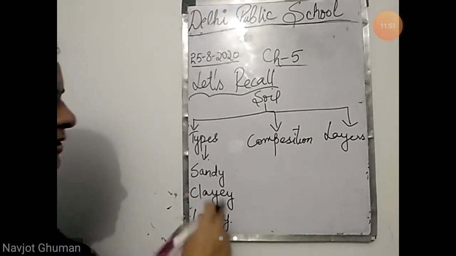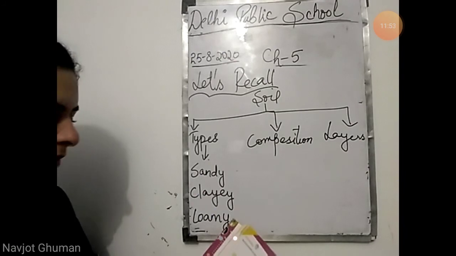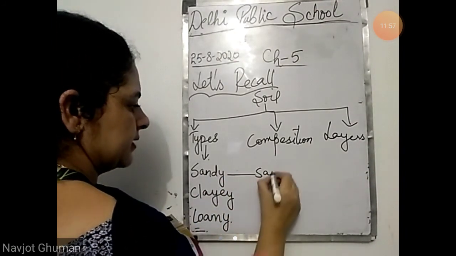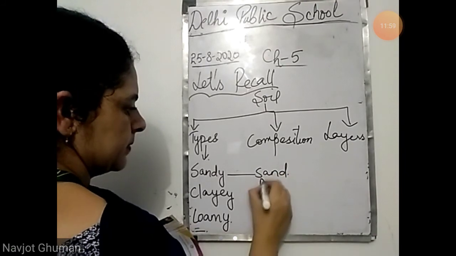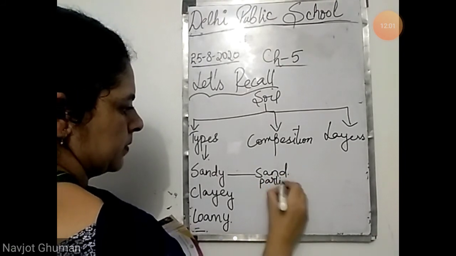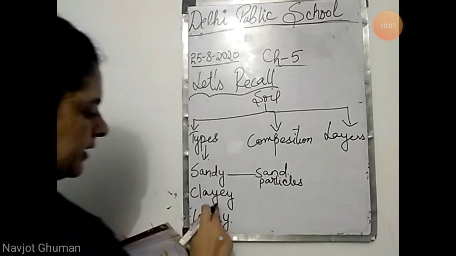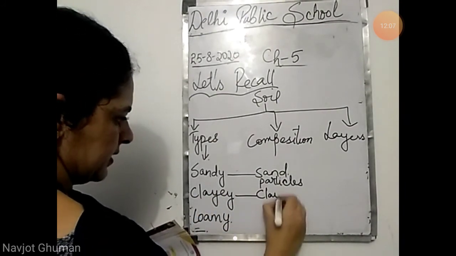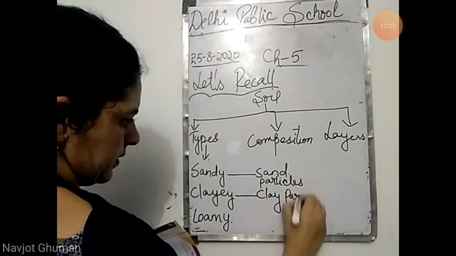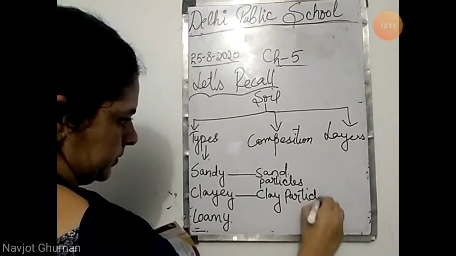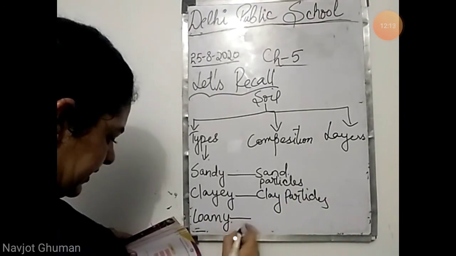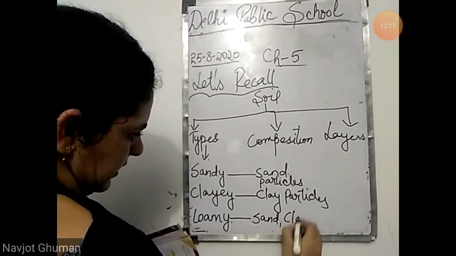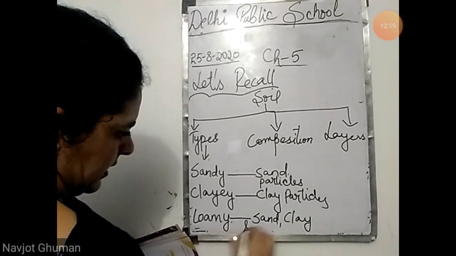Composition: what does sandy soil contain? What is present in sandy soil? It contains sand particles. Clay soil contains clay particles. And loamy soil contains all the three: sand, clay, and silt.